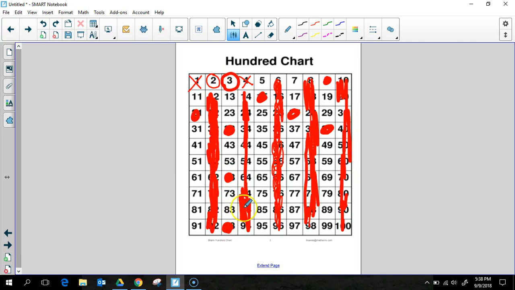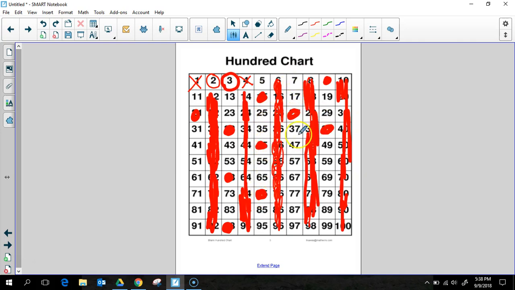Another trick for knowing whether a number is divisible by 3 is to add up the digits. Take 45: 4 plus 5 is 9. If that sum is divisible by 3, then the big number is divisible by 3. Let's see, 75: 7 plus 5 is 12. Yep, 12 is divisible by 3. Also, you see 1, 2, 3, 1, 2, 3.